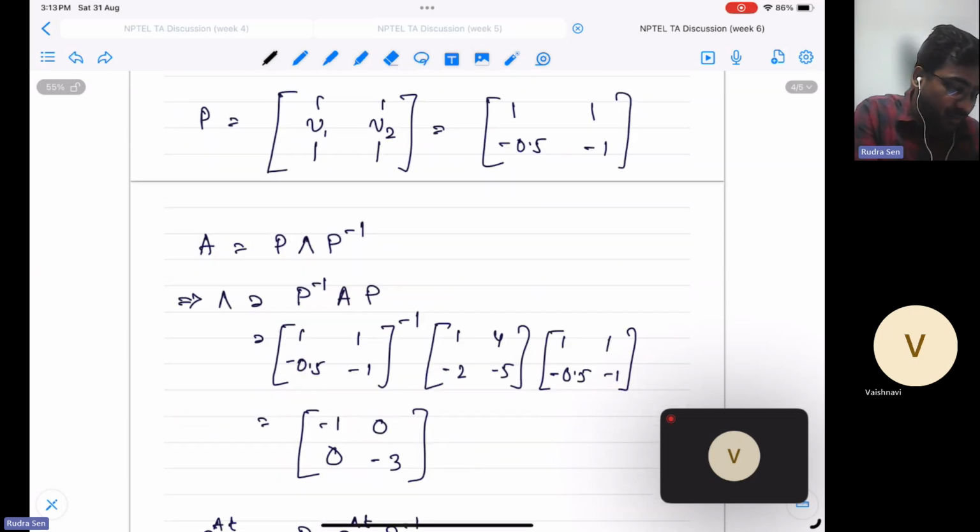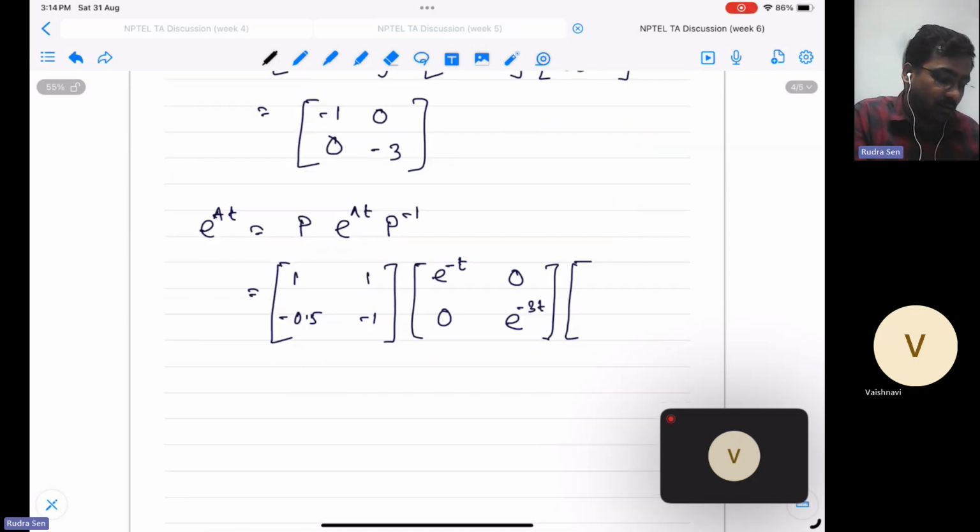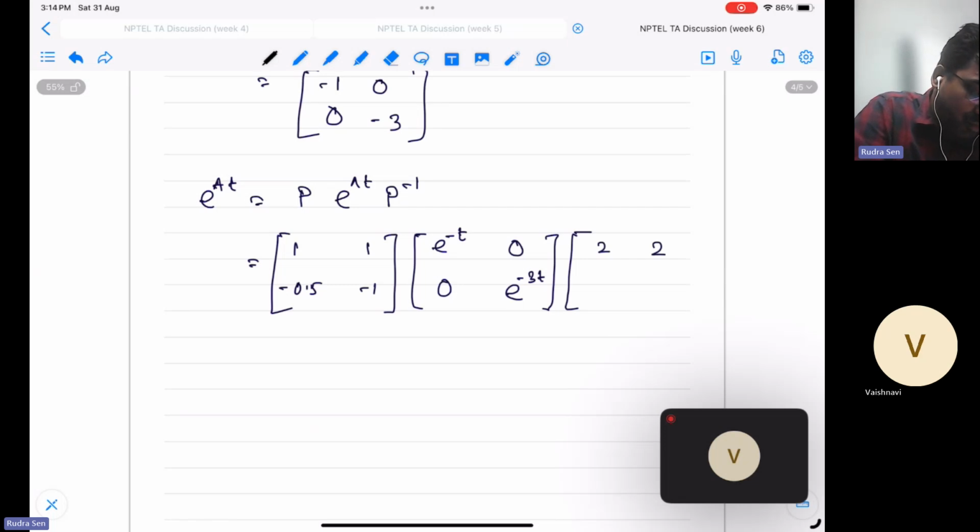The determinant is minus 1 plus 0.5, which is minus 0.5, and the adjoint is minus 1, minus 1, 0.5, 1. So we get 2, 2, minus 1, minus 2. So this is the P inverse.